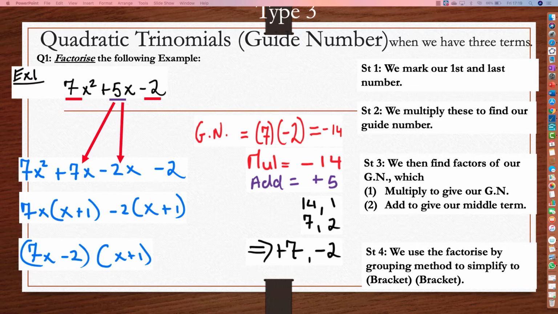We have to figure out what our guide number is first of all. As I said, these will take a bit of time to get our head around, so don't worry if you don't get the first one.